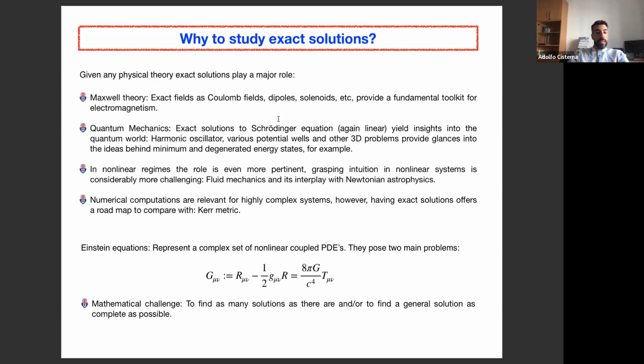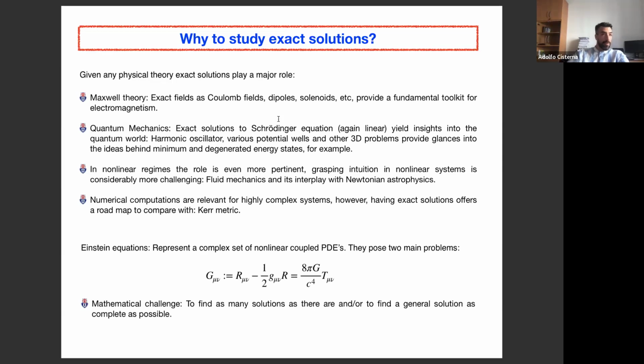We can always say that given any physical theory, exact solutions are very useful and play an important role. Very trivial examples are Maxwell theory. We know that there are Coulomb fields, dipoles, solenoids, and so on that provide us with an interesting toolkit to dive into the study of electromagnetism.